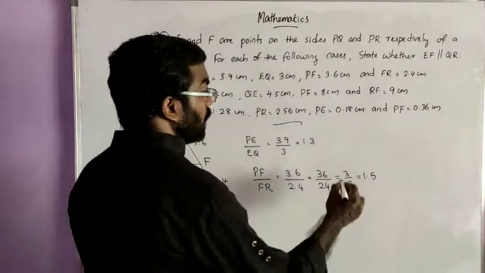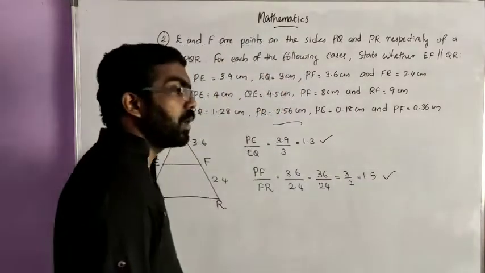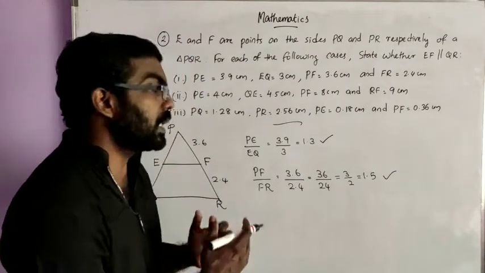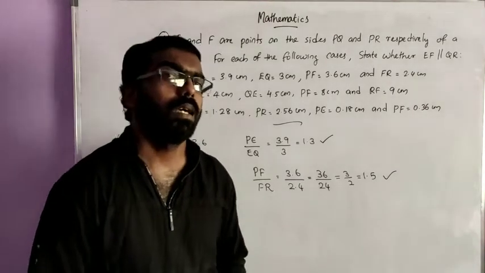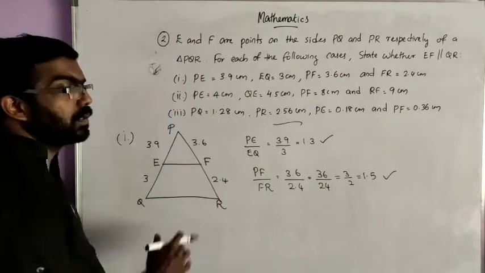Now we have to compare these two ratios. First one is 1.3 and the second one is 1.5. Both are unequal. If the ratios are the same, then by converse of BPT, we can say the lines are parallel, that means EF is parallel to QR.